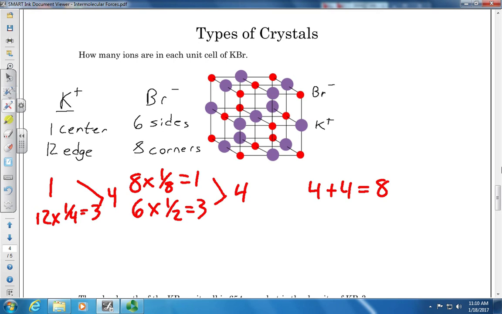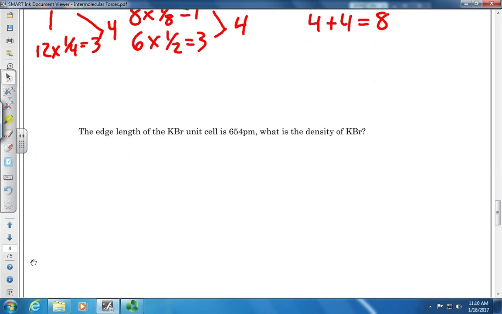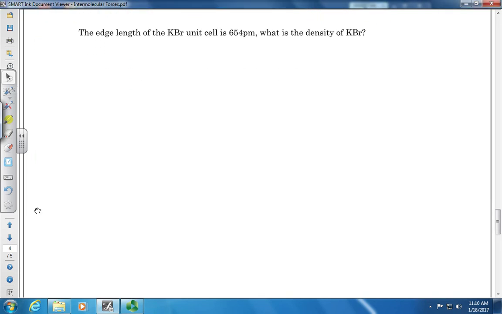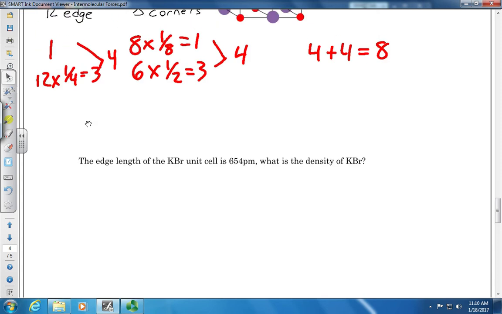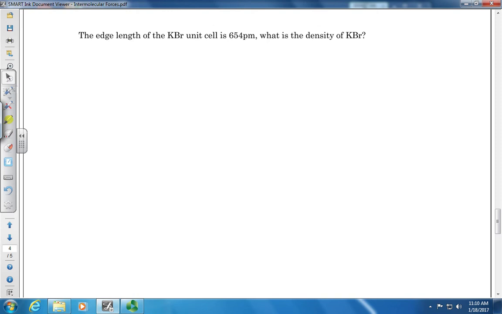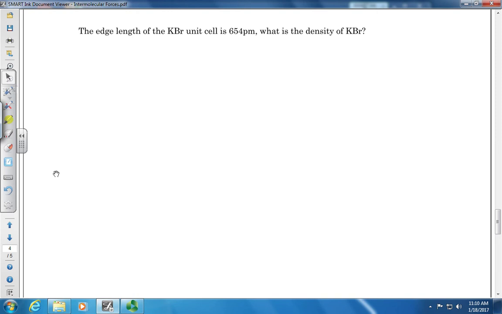Let's take a look at another problem that's a little more math heavy, but it also deals with crystals. We're told that the edge length of this potassium bromide unit cell is 654 picometers, and we're asked what the density of it is. Well, we know the total number of ions in the cell, so that helps us in this next problem.